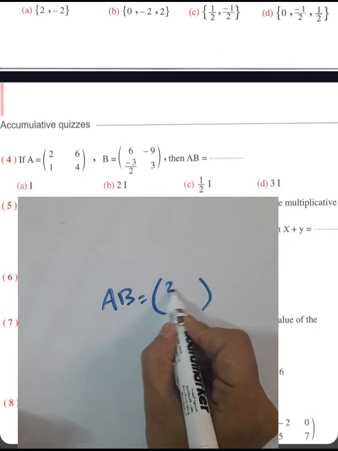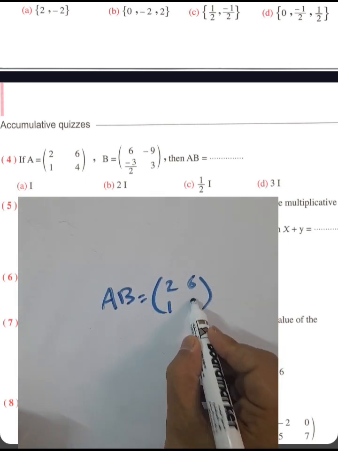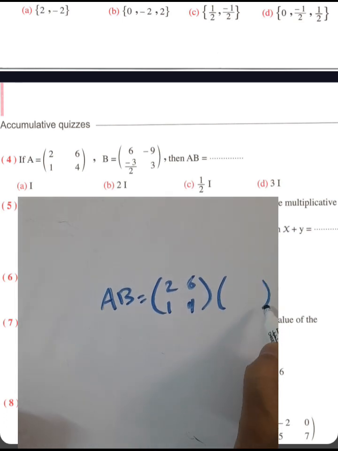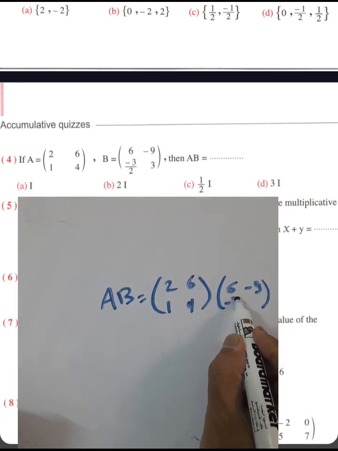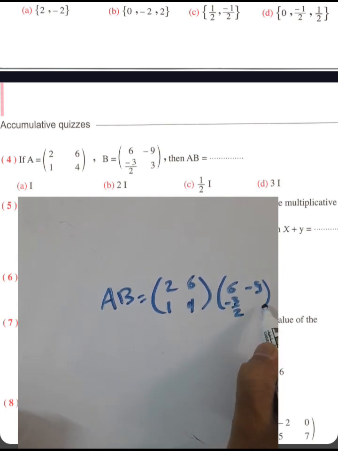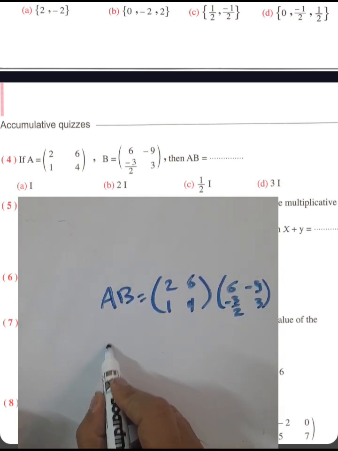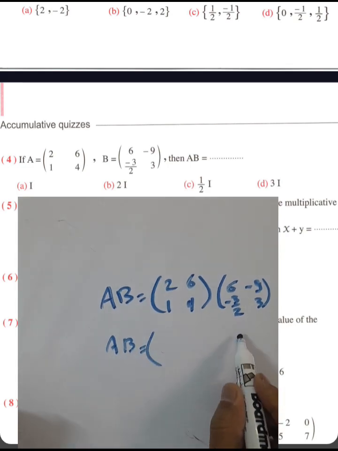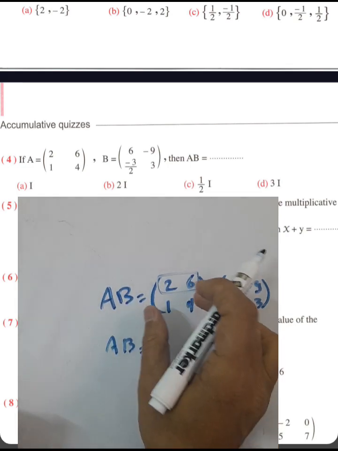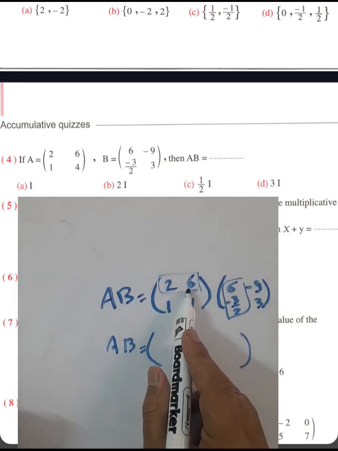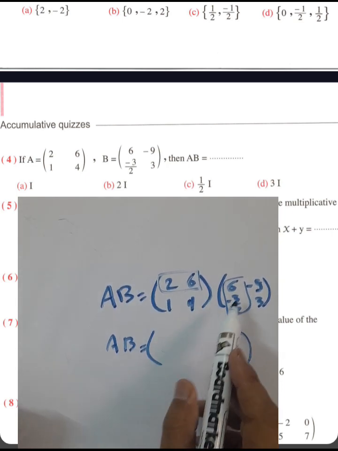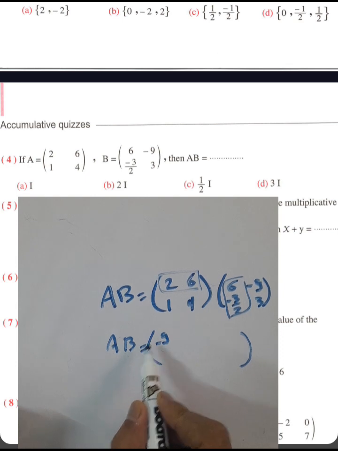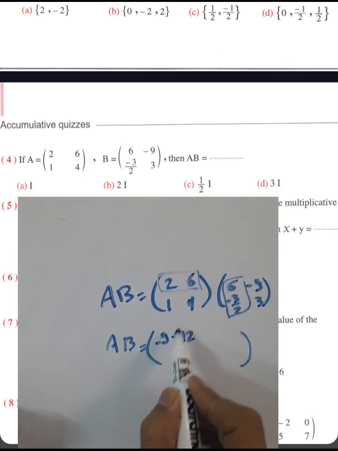First 2, 6, 1 and 4, 6, negative 9, negative 3 over 2 and 3, then the product between them, horizontal here by vertical. 6 times negative 3 over 2, 6 divided by 2 equals 3, 3 times 3 equals 9. 2 times 6 equals 12.